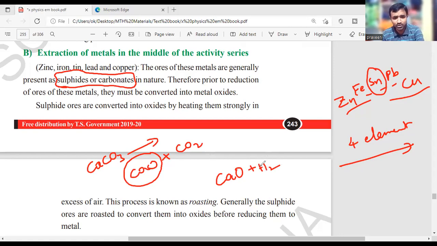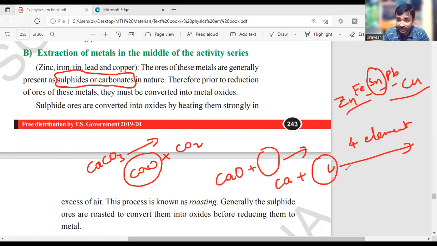So it is not possible directly. Sometimes you use other methods to reduce. You need to use a reducing agent to get the metal, and respectively the oxide will be given. Are you getting the idea?